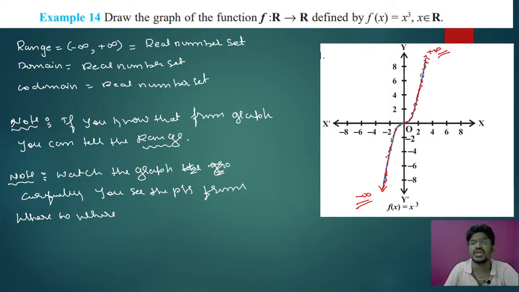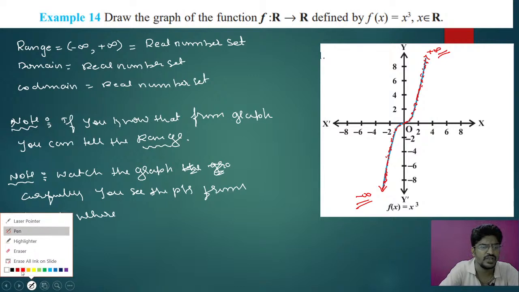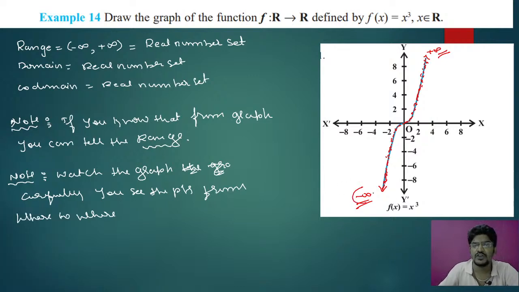For example, you can see here it is from minus infinity to positive infinity. If it is from minus infinity to positive infinity, it is showing us the range. Are you getting my point?